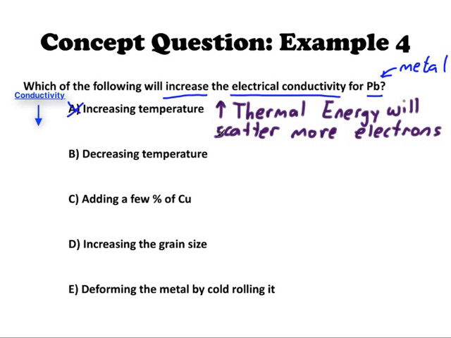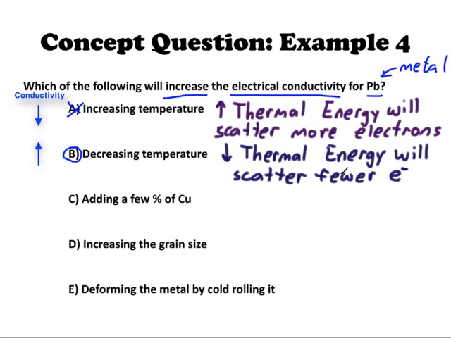So when we increase the temperature, we are providing more thermal energy, and more thermal energy means more electrons will be scattered. Option B, decreasing temperature, is a correct answer because thermal energy, again, scatters electrons. So when we provide less thermal energy, we are going to scatter fewer electrons.